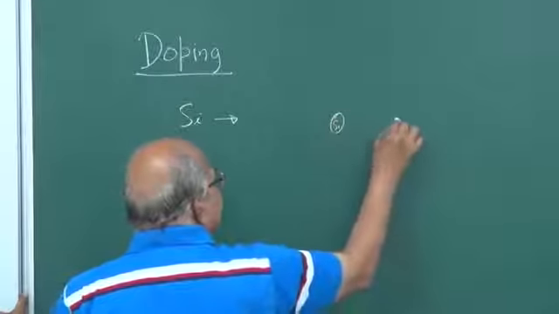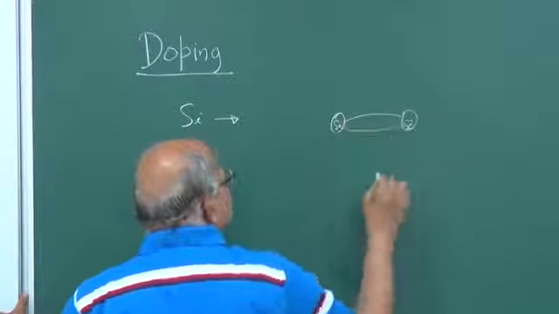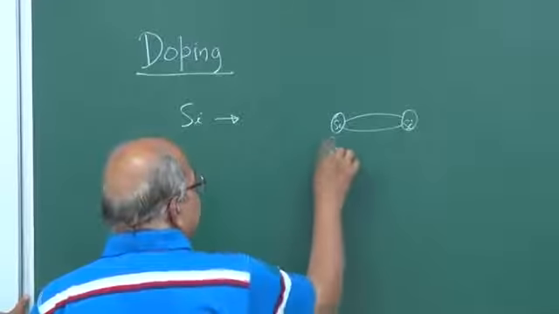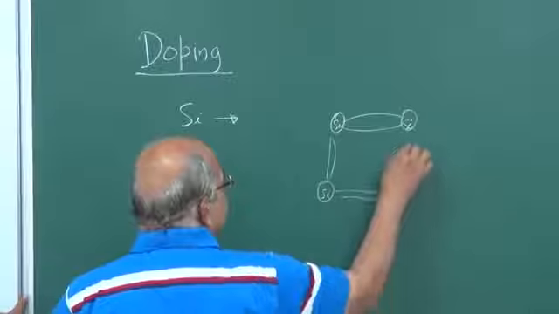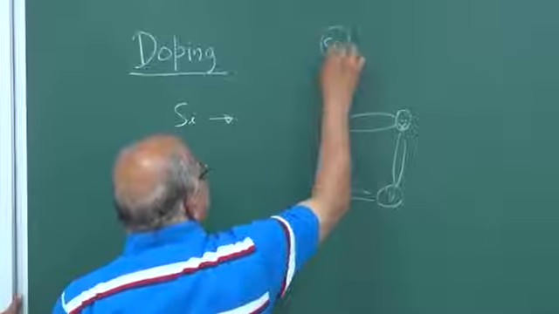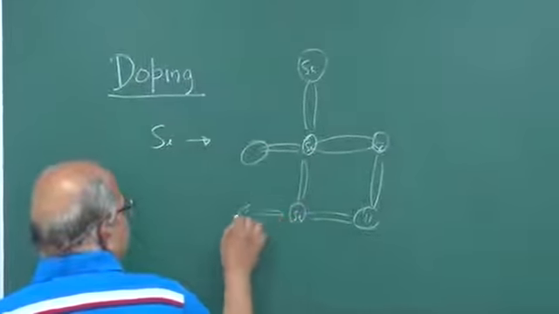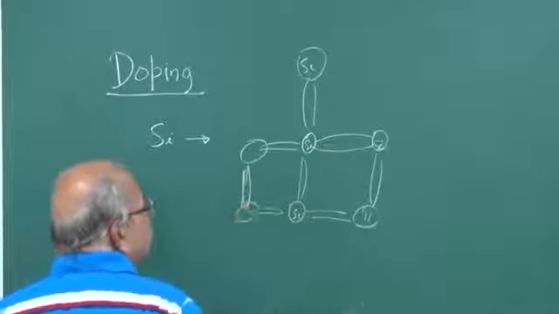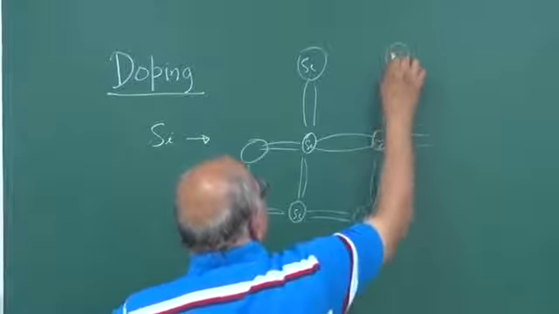Silicon and silicon are bonded by 2 electrons, 2 sp3 electrons, and each silicon is bonded to 4 other silicons and so on. So you have this kind of structure. This is a two-dimensional representation. As I had told, this is 3-dimensional; I have shown that ball stick model.